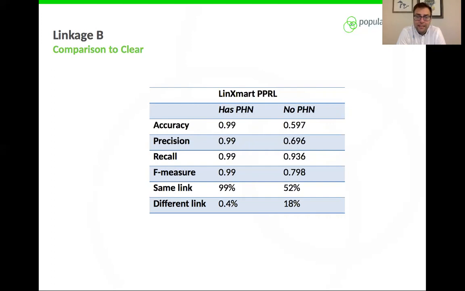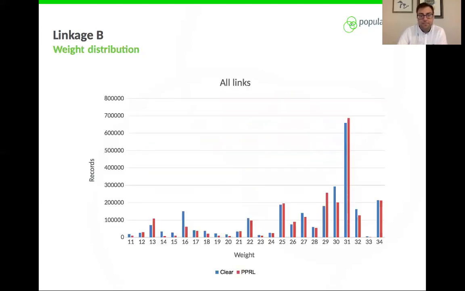So we infer that the PPRL linkage is accepting a number of links that the clear linkage does not, while the PPRL linkage is missing a number of links that the clear text linkage is finding.